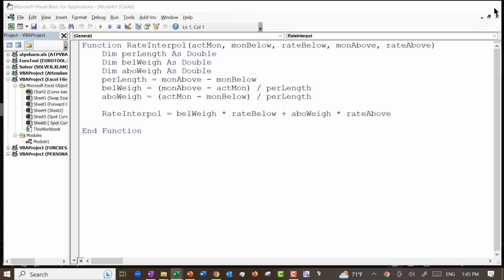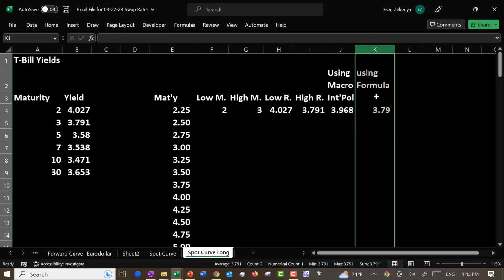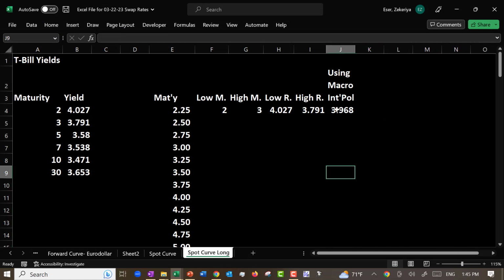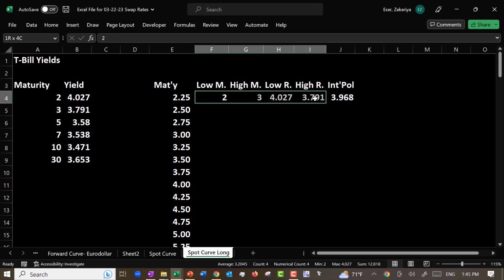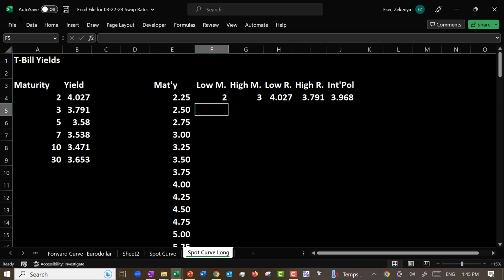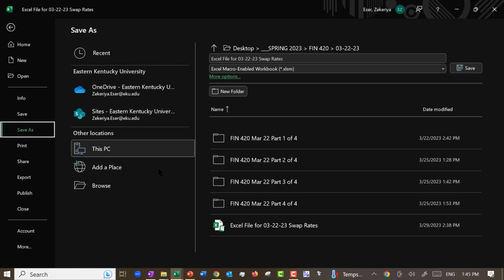So I'm not gonna worry about this. Okay. As long as I pick these right, that interpolation formula is gonna work for me. Let me save this properly so that I don't have to search for it again later.